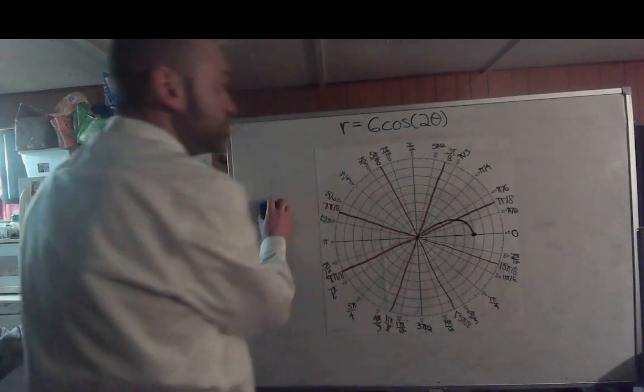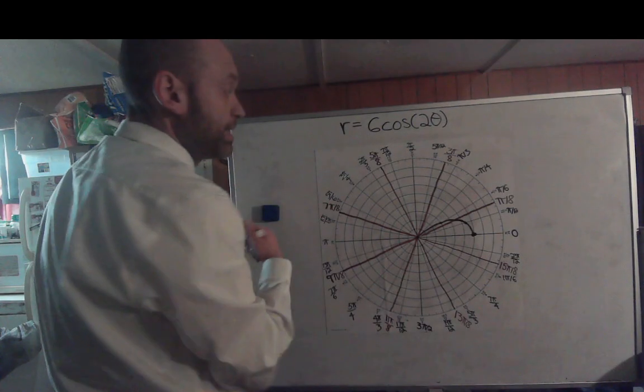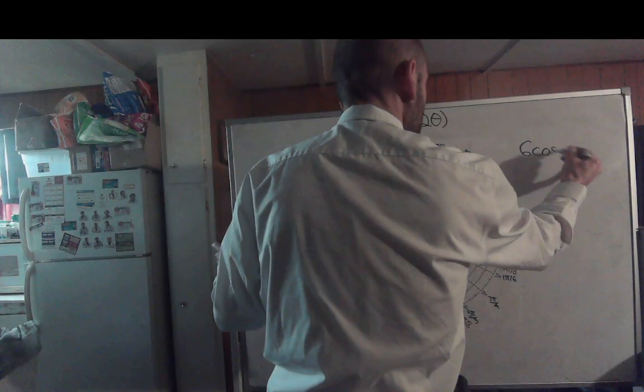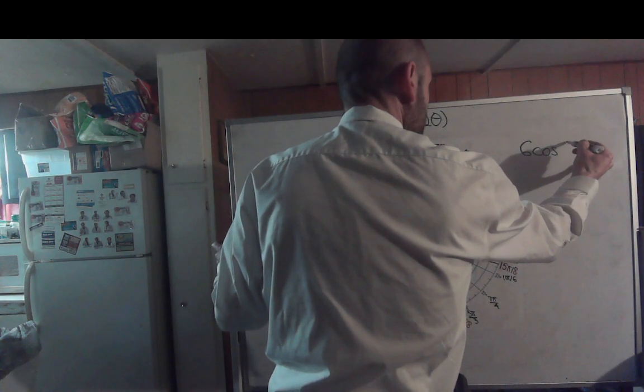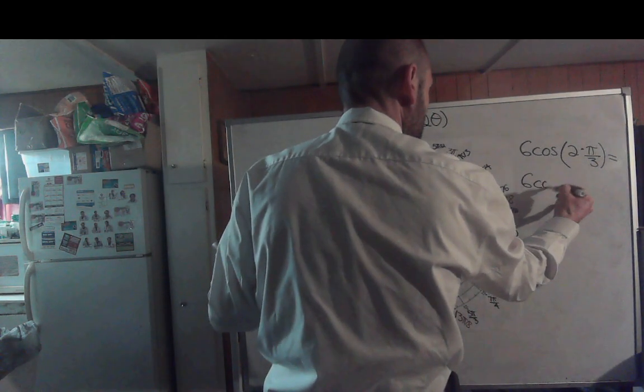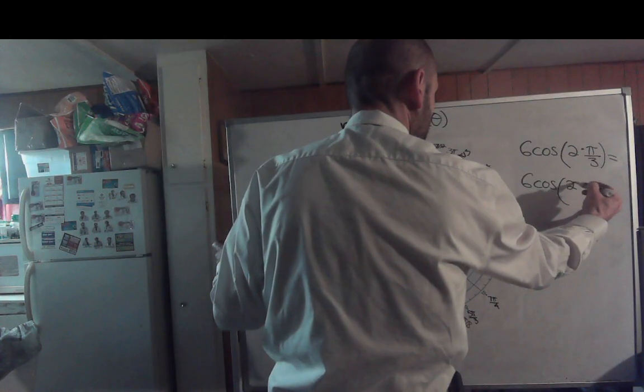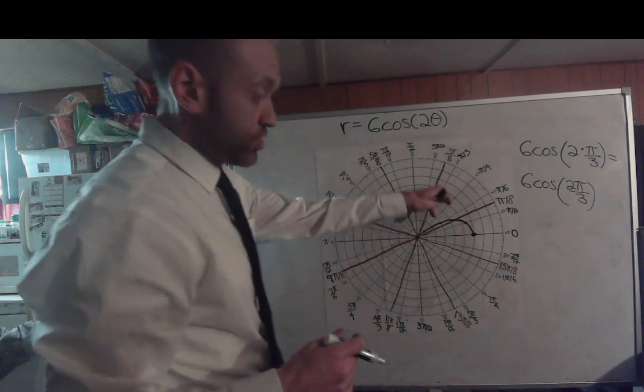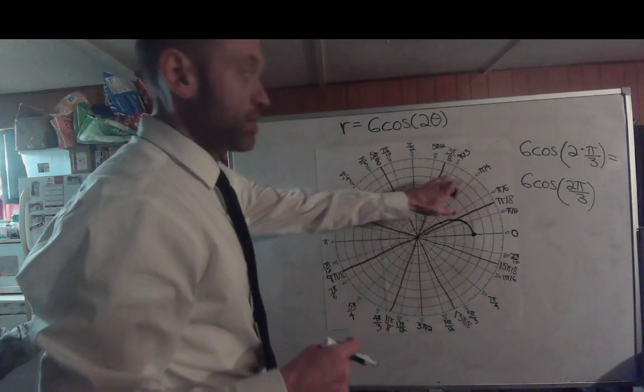And then let's do pi over 3. Now notice something. Since it's 6 times the cosine of 2 theta, this will be 6 times the cosine of 2 times pi over 3, which would be the same as 6 times the cosine of 2 pi over 3. So even though we're in the first quadrant, we're behaving like we're in the second quadrant.